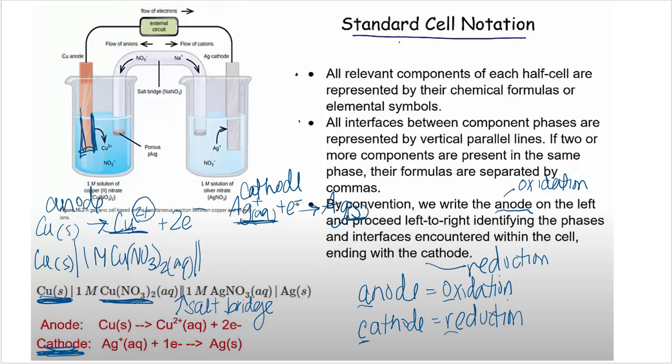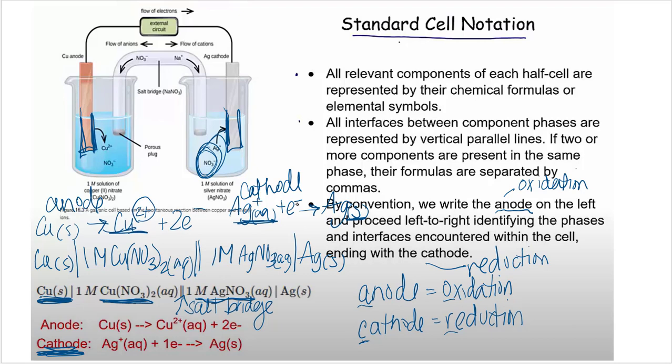So we have to then next have our aqueous ions. We're just going in order here. Our 1 molar AgNO3, and then our interface, right? So we're going AgNO3, and then finally ending with our Ag solid.